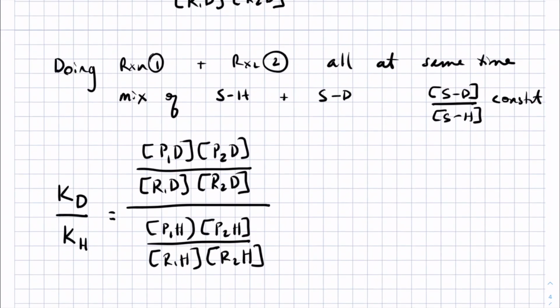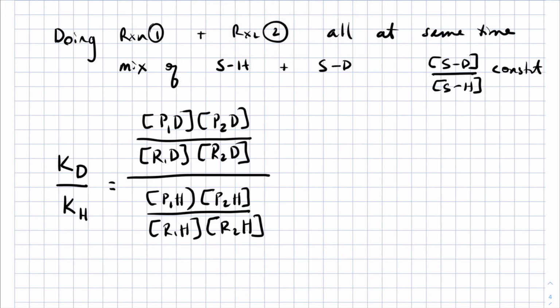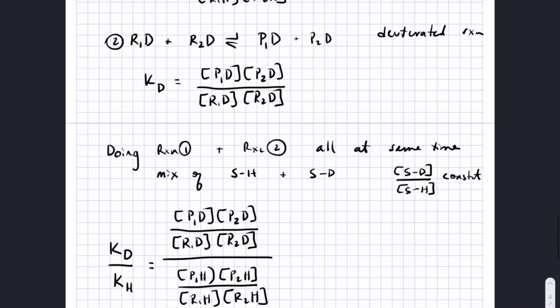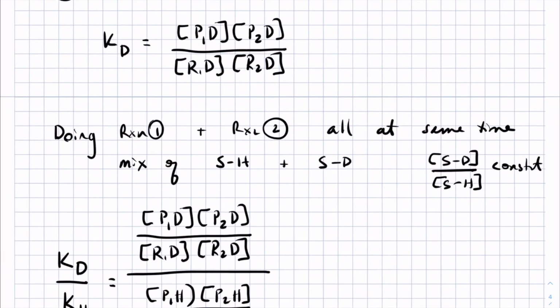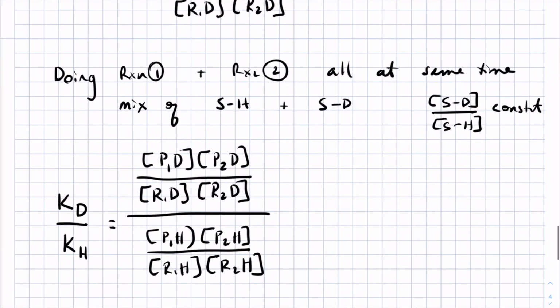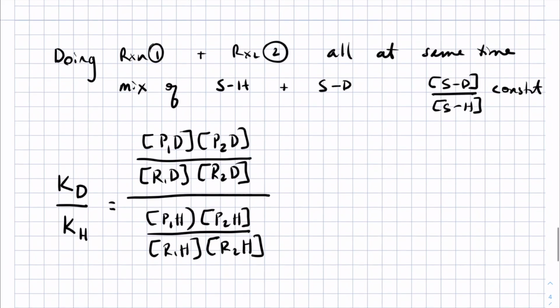Okay. Here is the ratio now based on these equilibrium expressions. Here's the ratio of the equilibrium constant for the deuterated molecules versus the equilibrium constant for the protiated molecules. And now we're going to do a little bit of rearranging that hopefully won't bother you that much, but is going to be useful to us in a little bit.